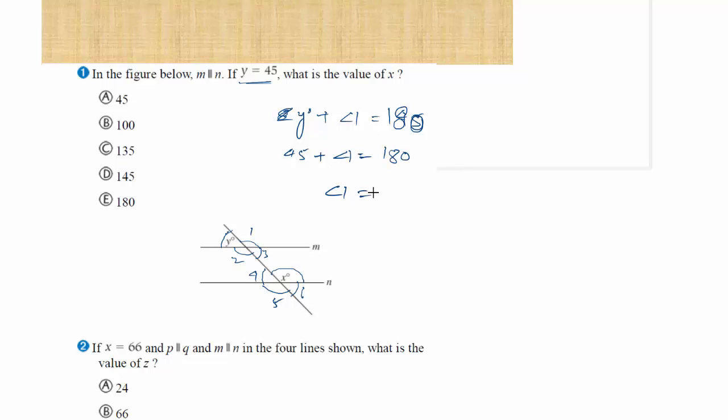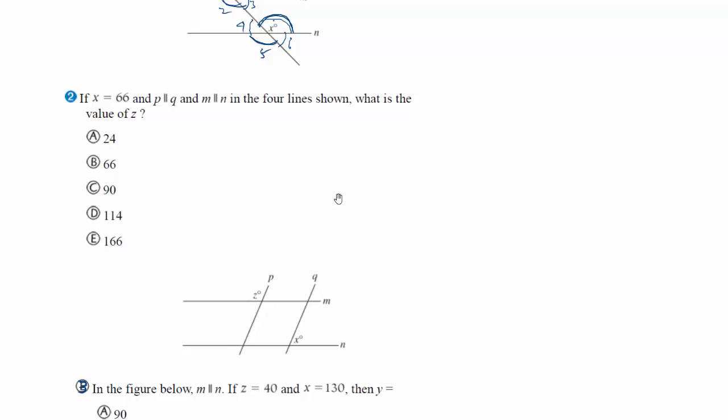So angle 1 is 135. If angle 1 is 135, this is a bigger looking angle, so x is also a bigger looking angle, right? Angle 1, angle 2, angle x, and angle 5 are all equal, so they're all 135. So simply 135 is the right answer, because all the bigger looking angles are equal and all the smaller looking angles are equal. Now let us do question number 2.